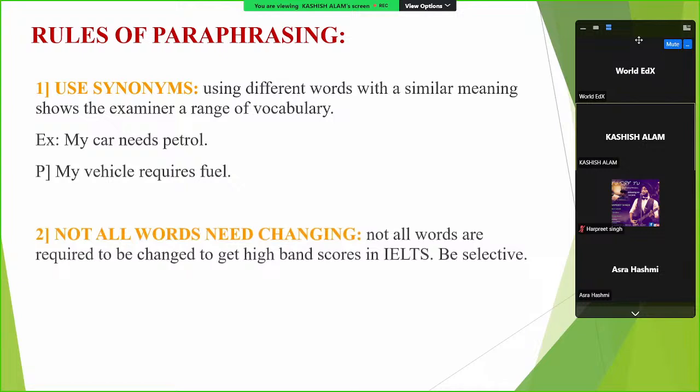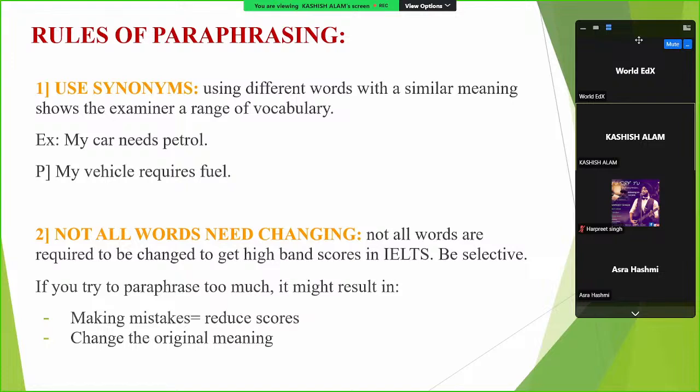Second, not all words need changing. I think Sanjeet asked this question, so here is the answer. Not all words require changing in your paraphrasing. Be selective about which particular words you use synonyms for. If you try to use a lot of synonyms, or paraphrase too much, not only does it make your sentence more complex, but there's a high possibility that the original meaning will be changed.